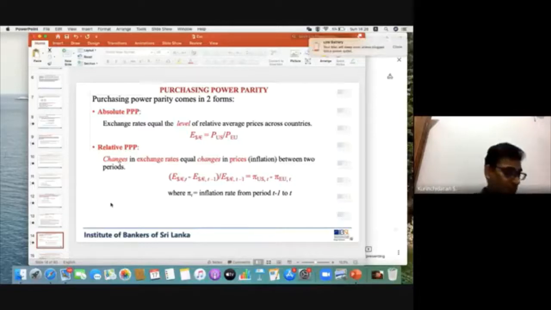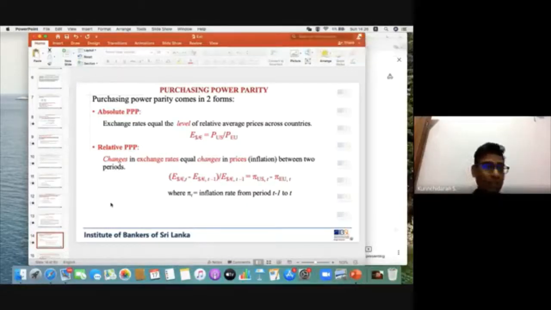Okay, so now you take the changes in the price level between two countries, that should be equal to changes in exchange rate.